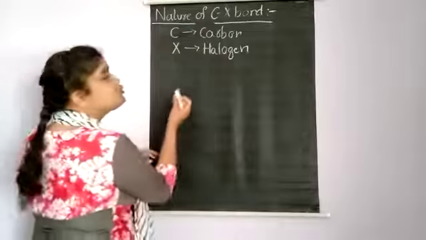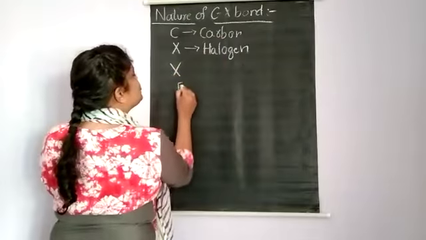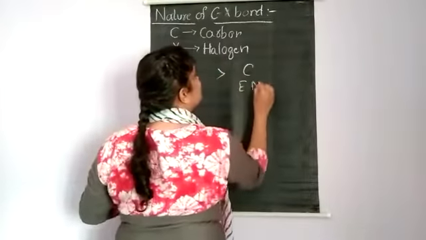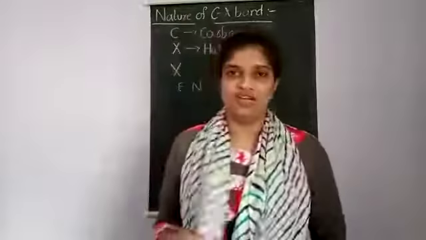Here you should know one thing, students. The electronegativity of halogen is very much higher when compared to carbon's electronegativity. I hope you remember this. We have learned it in 11th standard.